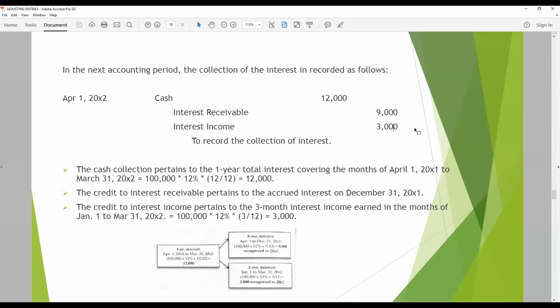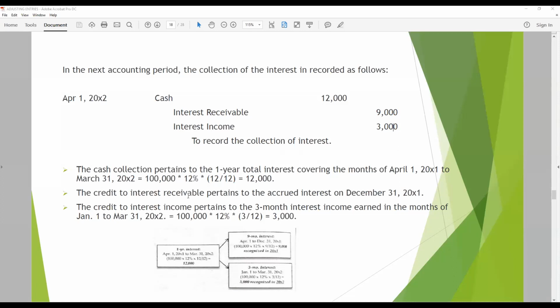This is your journal entry when you receive the cash. The cash collection pertains to the 1-year total interest covering April 2021 to March 31, 2022. 100,000 times 12%.